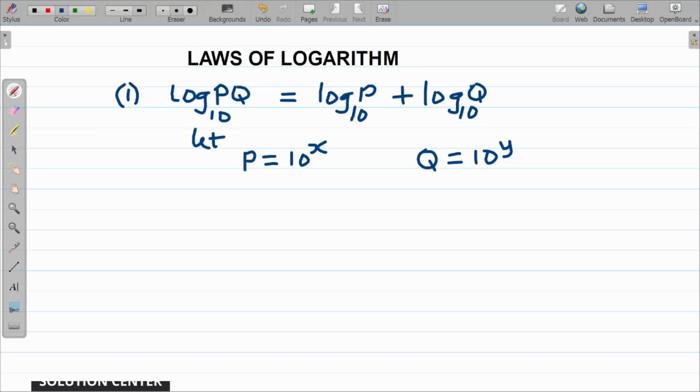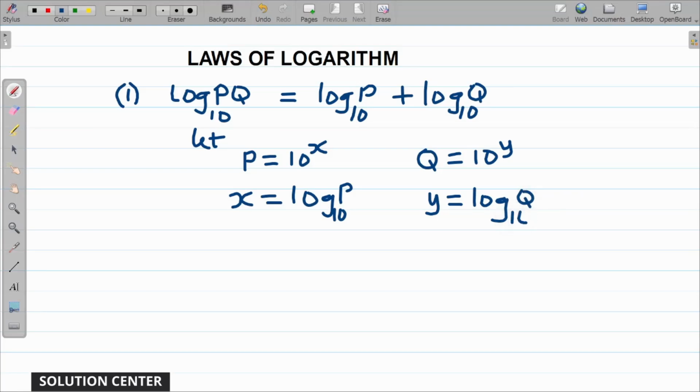Relationship between logarithm and indices: we can change a logarithmic equation to an index equation. So in this case, x is equal to log p base 10. Let's do the same thing at the other side. So in this case, y is equal to log q base 10.